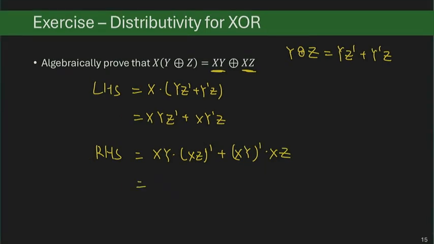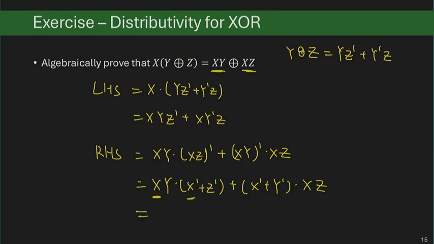And now we apply De Morgan to that complemented expression. xy times x prime plus z prime, plus x prime plus y prime, times xz. And now it's only to apply distributivity. Some of these things I know, you have x and x prime, and they will multiply to 0.